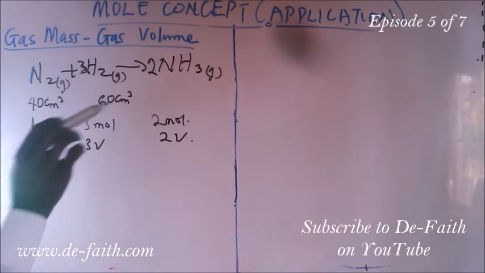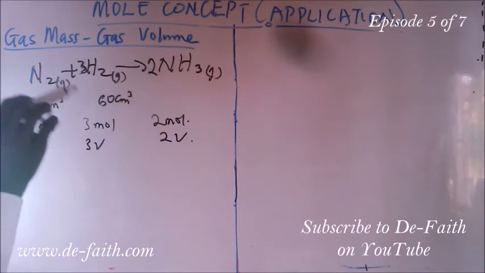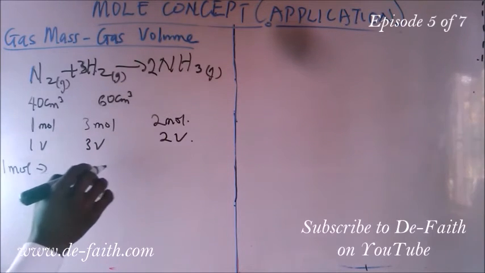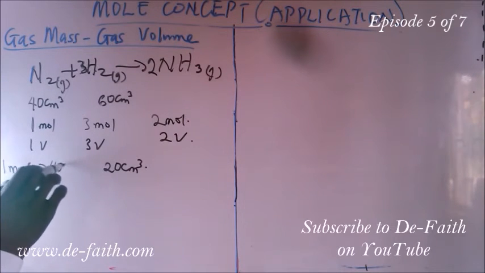Now, to get the product volume, we need to consider what would have been 1 mole of all the reacting gases. So 1 mole of hydrogen gas here would have been 20 cm cubed, whereas 1 mole of nitrogen gas here was 40 cm cubed.